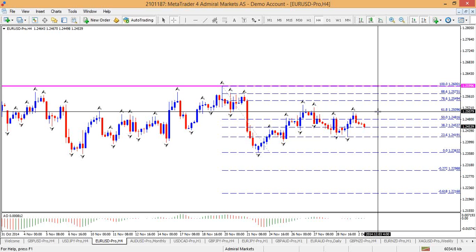3.5 reward to 1 risk, which means that if this trade works out in more than 35% of the cases, no. Let me think. 3.5.